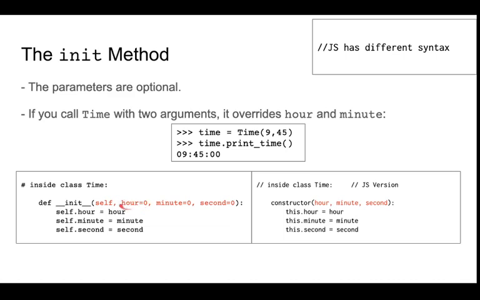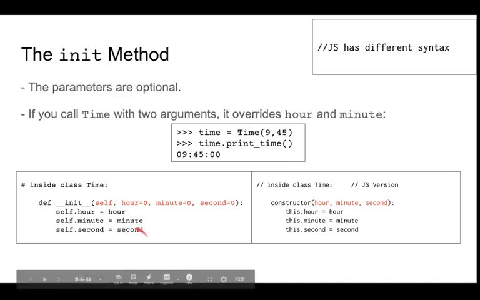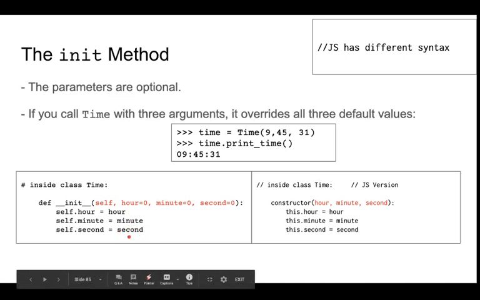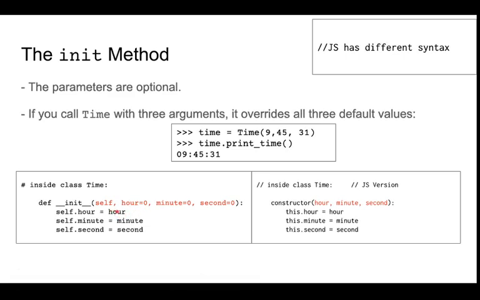Hour was 9, minute is 45, so that gets saved there. Seconds remain 0. And if you call it with 3 arguments, then all 3 values are overwritten. The default of 0 got overwritten to 9, the default of 0 for minutes became 45, the default of 0 for second became 31.